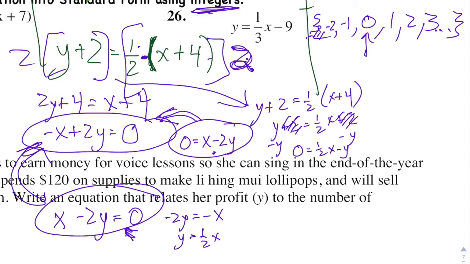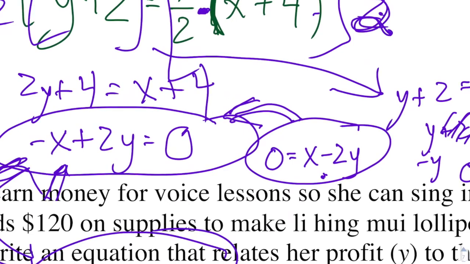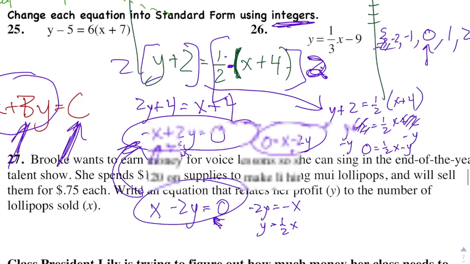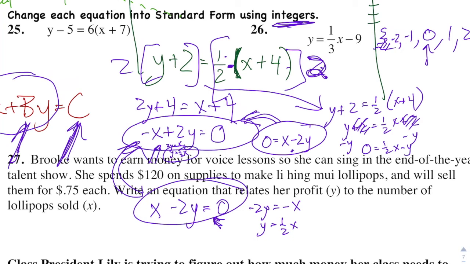So if we were to isolate y here, we would get 2y equals positive x, and divide by 2, you would get y equals 1 half x. These are equivalent. You get y equals 1 half x either way.